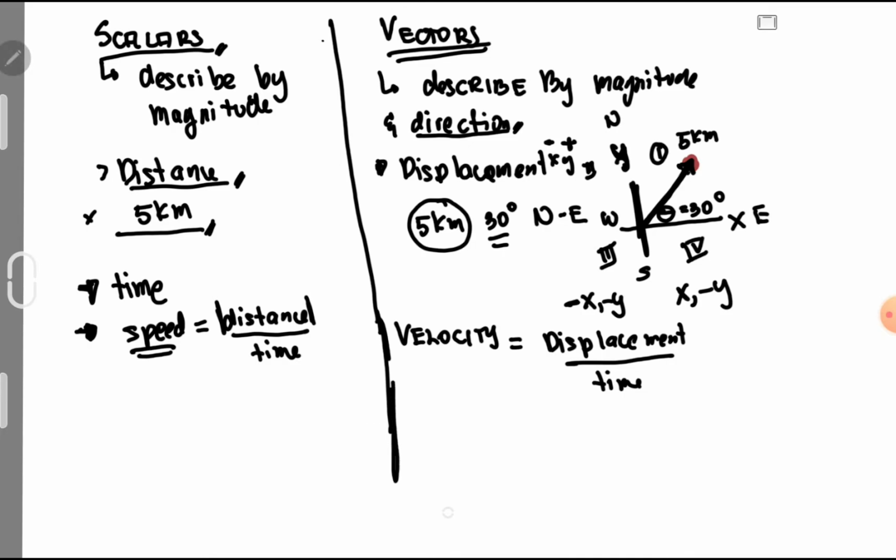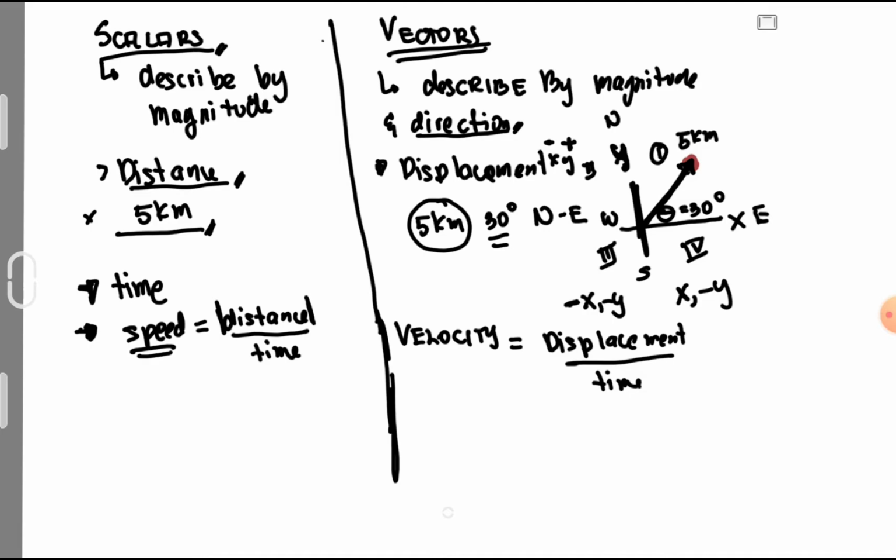Next is volume. So guess what quantity volume is. Is it a scalar or a vector? Take note that if you do not know the answer, go back to the definition: a scalar is described by magnitude, a vector by magnitude with direction.